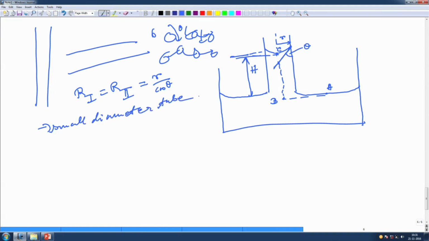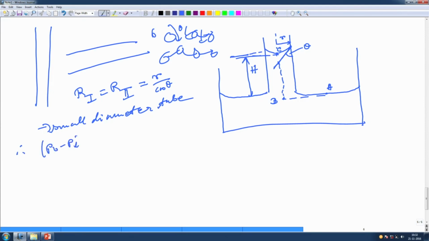If you look at the tube, there is a height h, and the points A and B make an angle with the wall, which is theta, and that point in the meniscus is given by C. That is the rough configuration that we have, and of course there are the 3-phase forces acting on it.